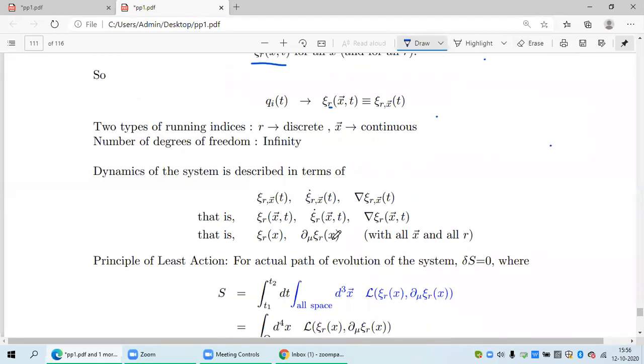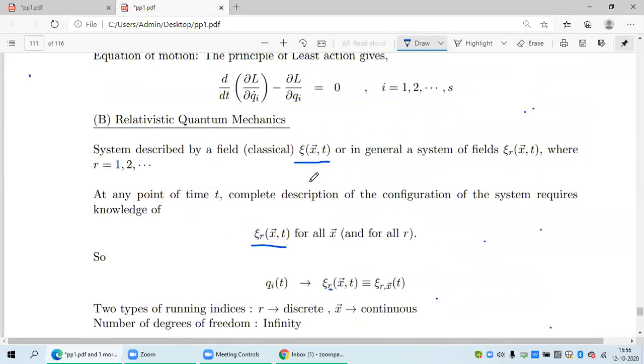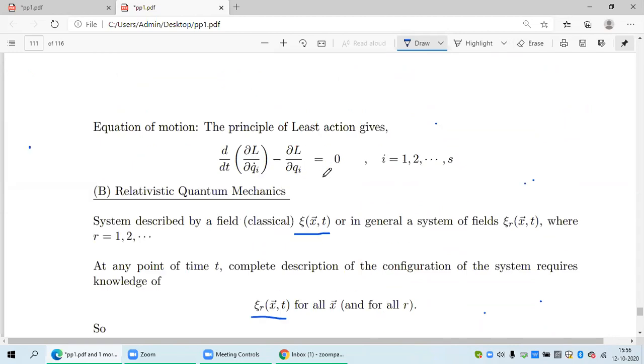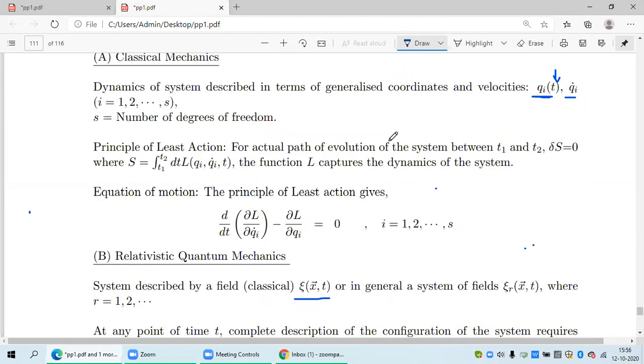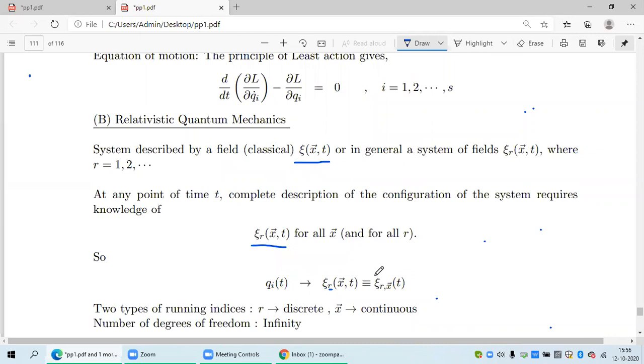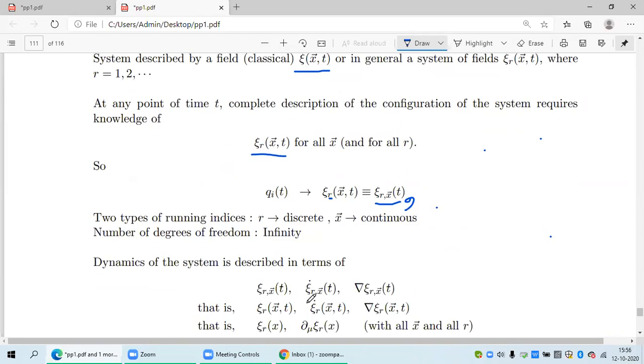Now, to represent the dynamics of a system, what do you need? Dynamics of a system is described in terms of the generalized coordinates and the generalized velocities, the time dependence of these quantities. So here also we need these quantities to represent the configuration and also the time derivative of this, because these are generalized coordinates, these are generalized velocities. Now there is another point.